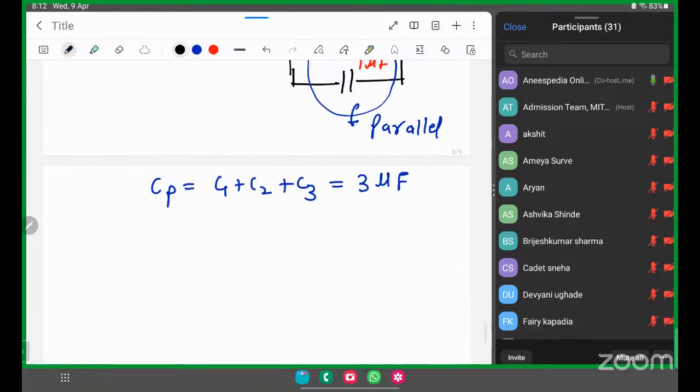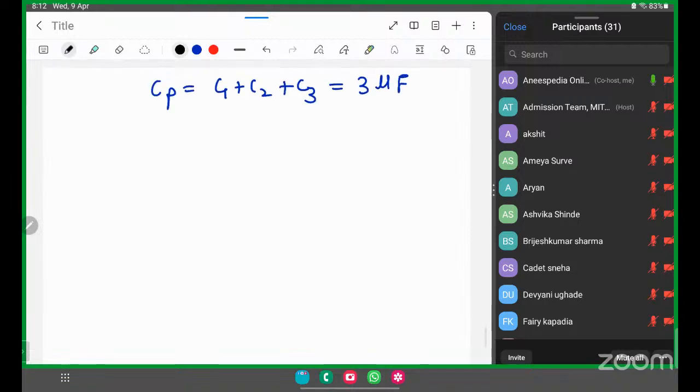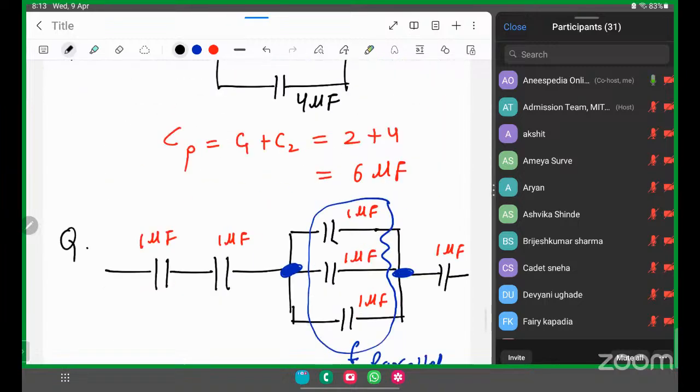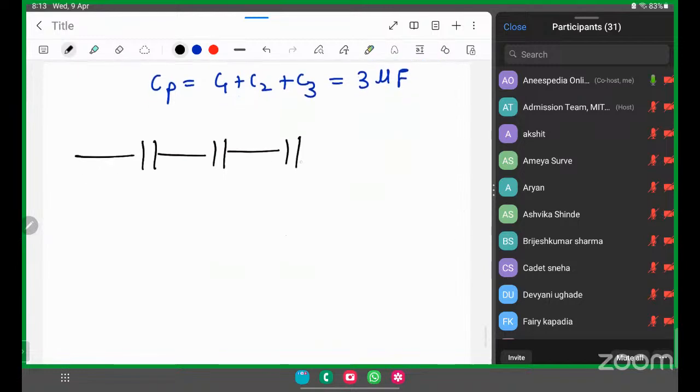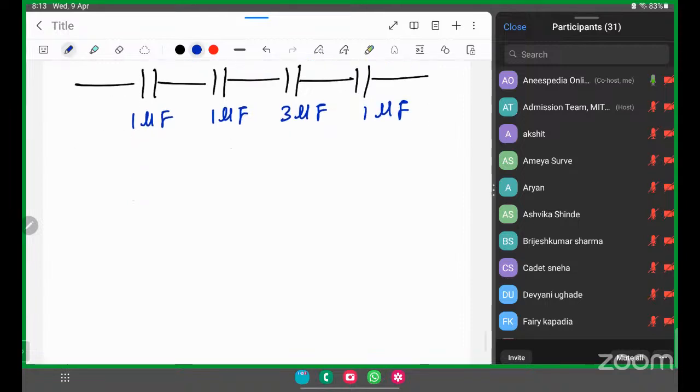So the new arrangement of the capacitors will be like this: 1 microfarad, 1 microfarad, then the combination of all three capacitors, that is 3 microfarad, and then again 1 microfarad. What will be the resultant in this case? We will write 1 upon Cs is equal to 1 upon C1 plus 1 upon C2 plus 1 upon C3 plus 1 upon C4.